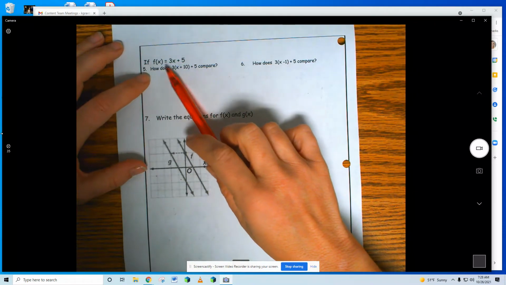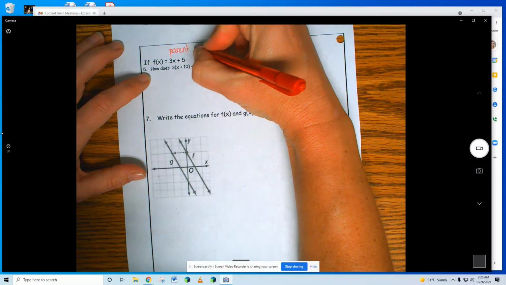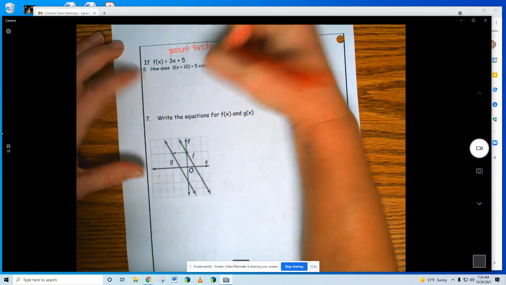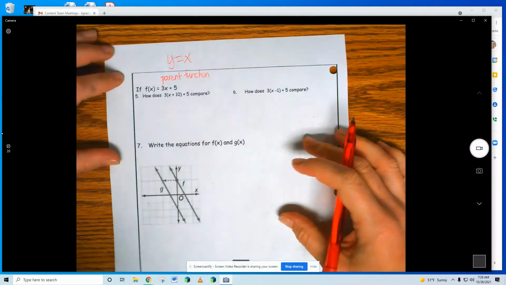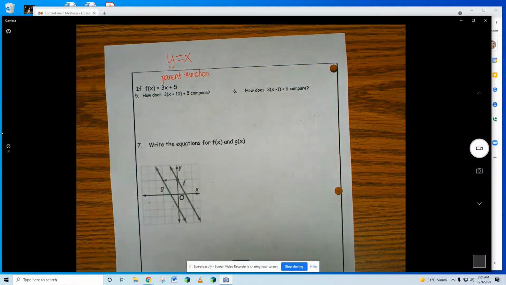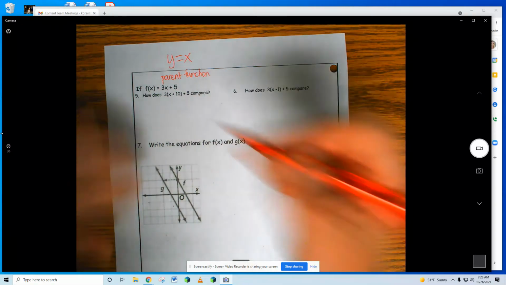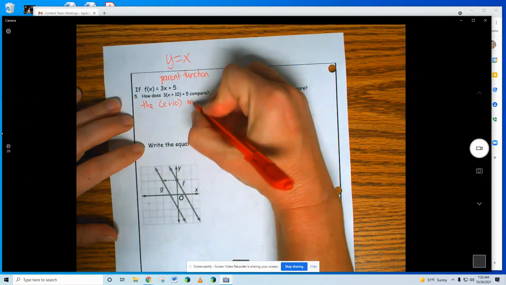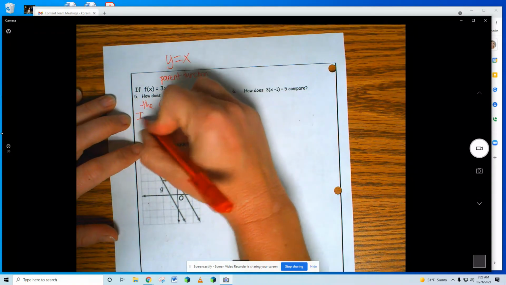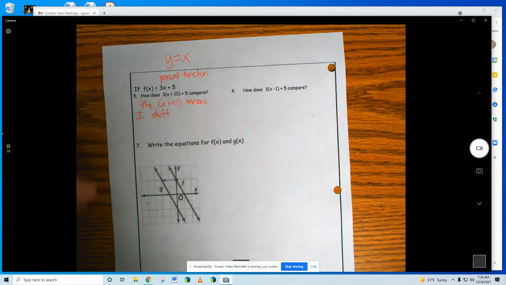Here's my parent function. This is called the parent function. Well, the parent function of all these is going to be y equals x, which is just a straight line. But I have a 3 and then I have an x plus 10. The x plus 10 means I shift 10 what? Opposite sign.